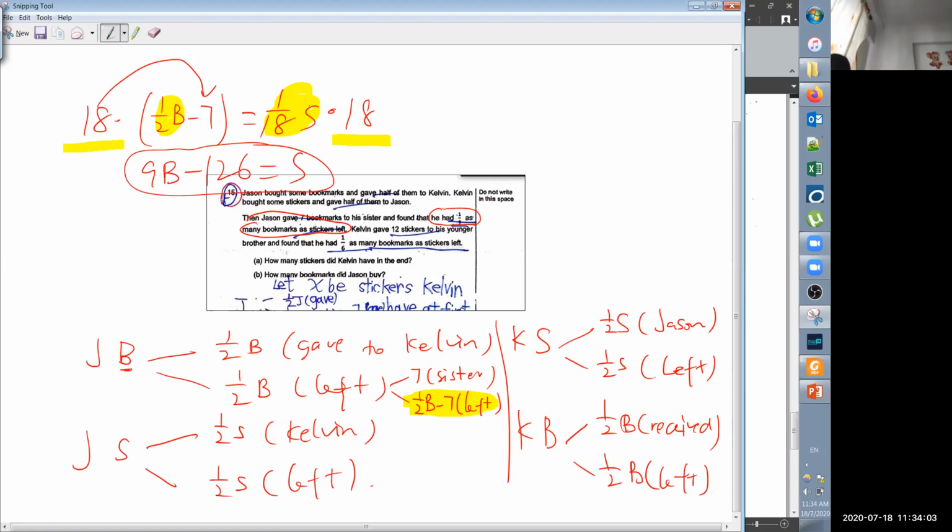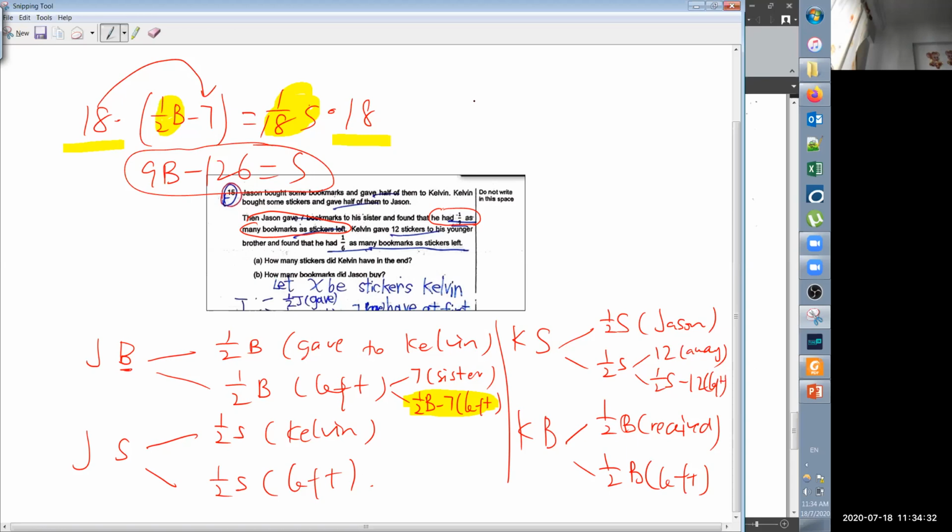Now, Kevin gave 12 stickers to his younger brother. So from here, I can actually make it smaller. So you gave 12 away. So left half S minus 12. Right? Now, found that he had 1/6 as many bookmarks. So you form another equation.